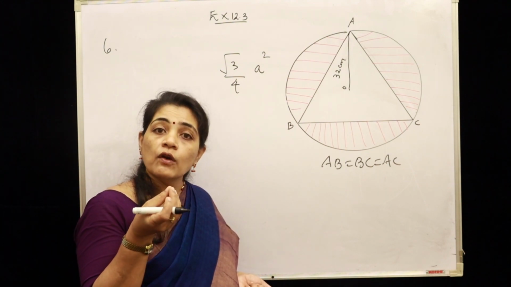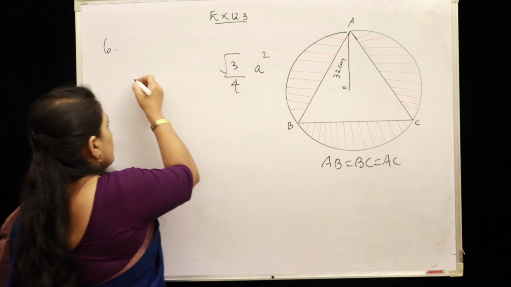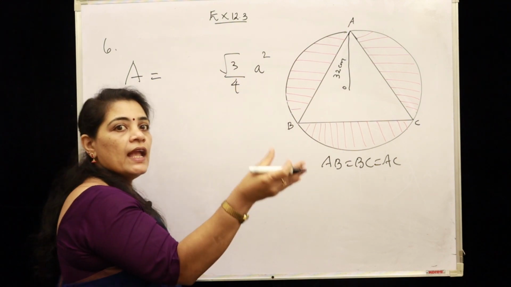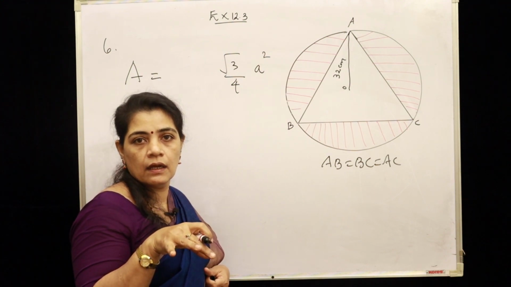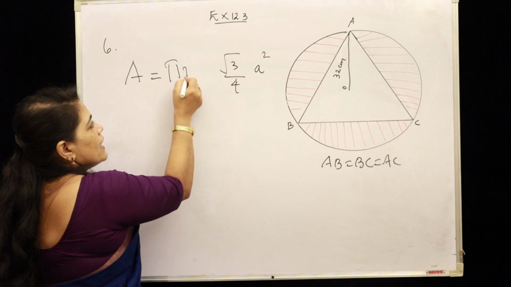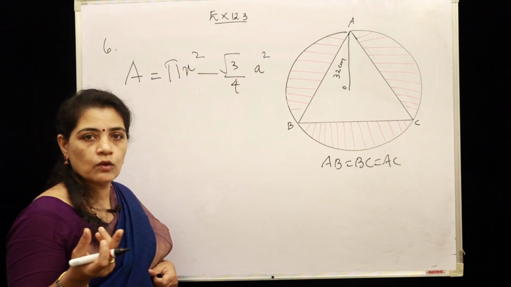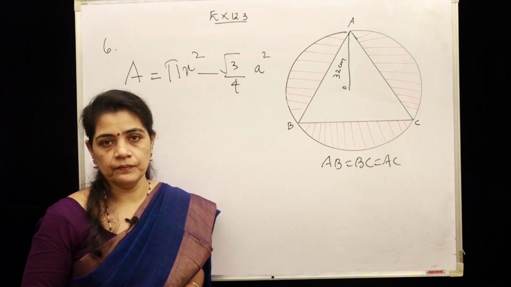In order to get the area of the shaded region, let it be A. You have to subtract this from the area of the circle, that is the whole circle, pi r square. So the equation to get the area of the design is pi r square minus root 3 by 4 a square.